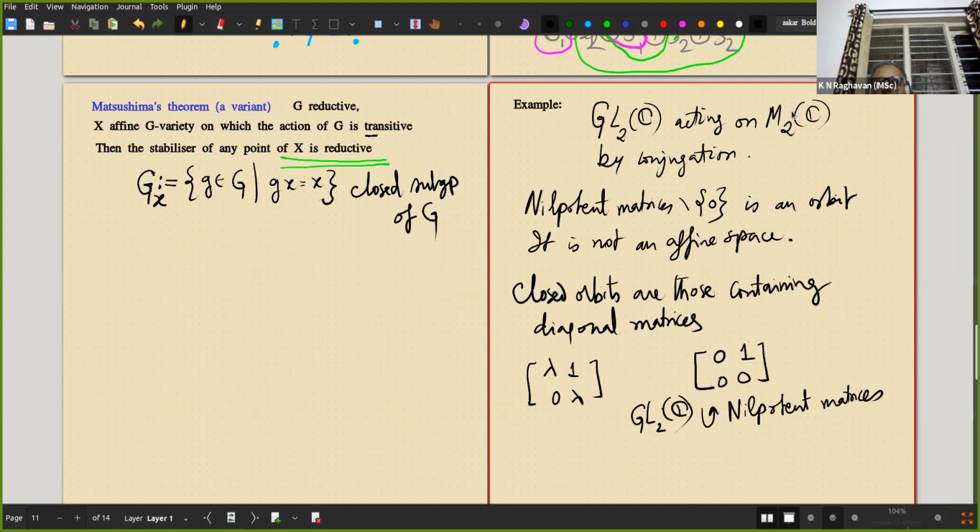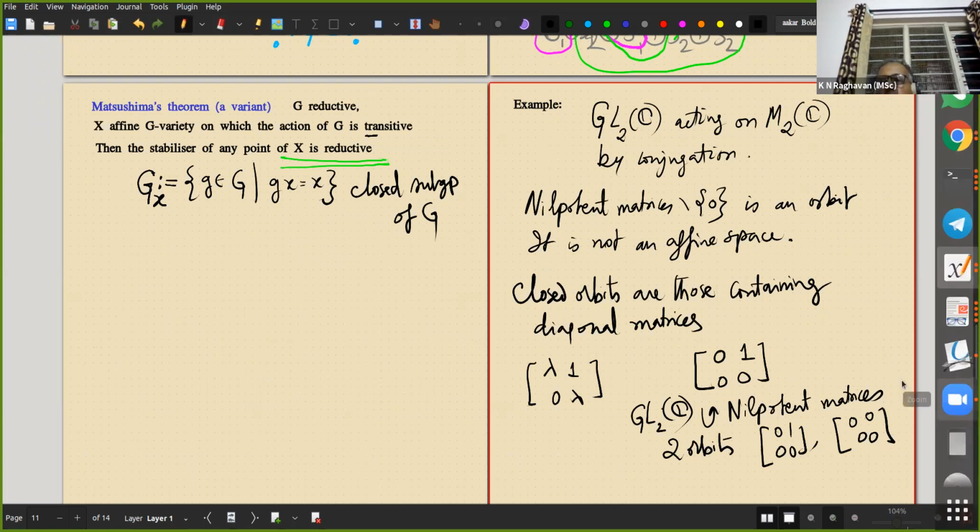This action preserves nilpotent matrices. And how many orbits are there? Well, there are 2 orbits, and representatives of those 2 orbits are this one and this one.